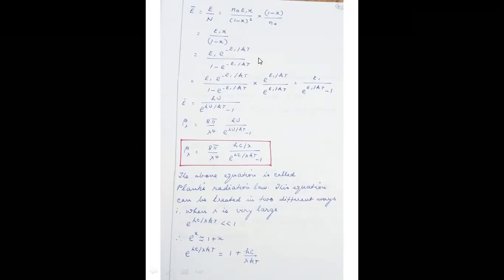So when you substitute x, it is E1 e power minus E1 by kT divided by 1 minus e power minus E1 by kT. In order to simplify, I am multiplying the denominator and the numerator by e power E1 by kT, because I want to cancel out this minus. So e power minus E1 by kT into e power plus E1 by kT will become e power 0, which is 1.